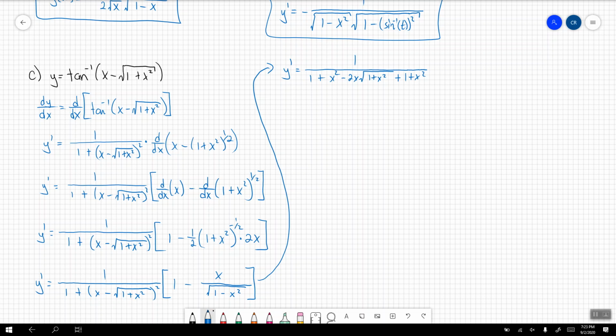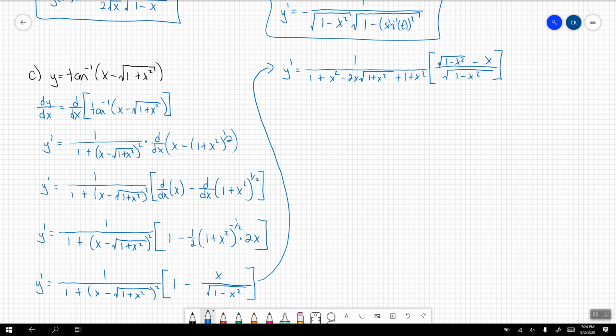The second factor, what I'm going to do is join this with common like fractions. So this is now going to be square root of 1 minus x squared minus x, all divided by the square root of 1 minus x squared. There we are. Awesome.